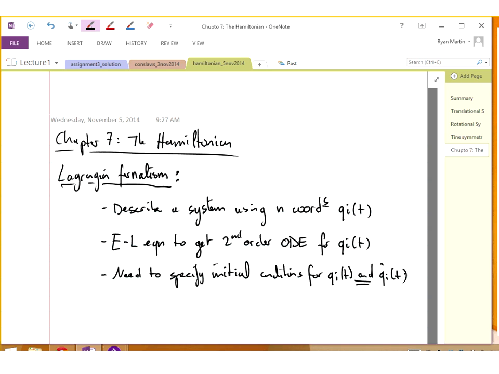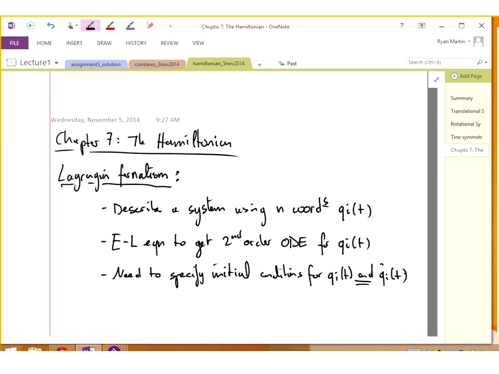So mathematically, we have second order differential equations. If you have to solve second order differential equations, you need initial conditions both on the quantities and on their derivatives. Physically, you can think of the system as, for example, a cannon firing a cannonball. The cannonball moving through the air is described by a Lagrangian. But the ultimate path that the cannonball will take depends, of course, on the initial position of the cannonball, but it also depends on the initial velocity of the cannonball.